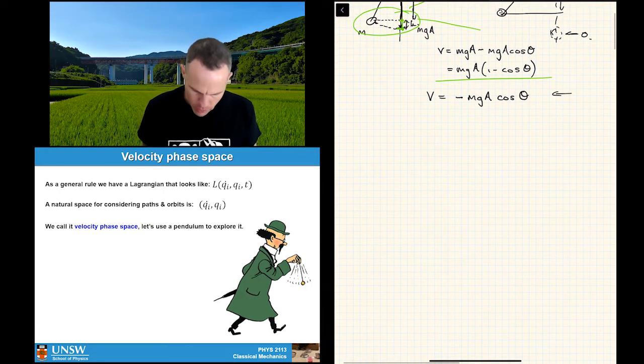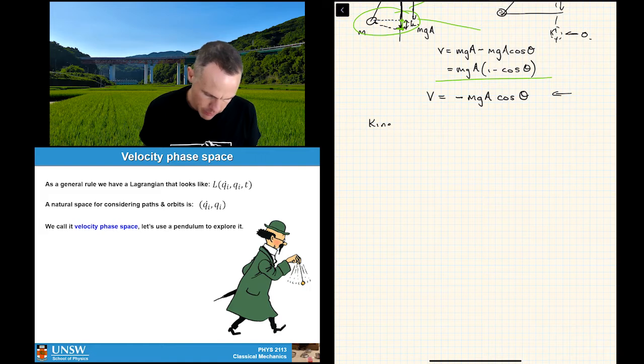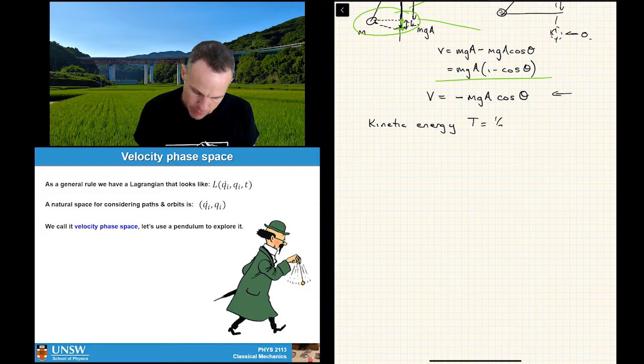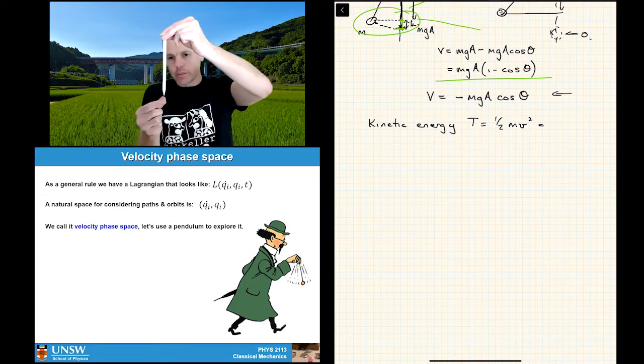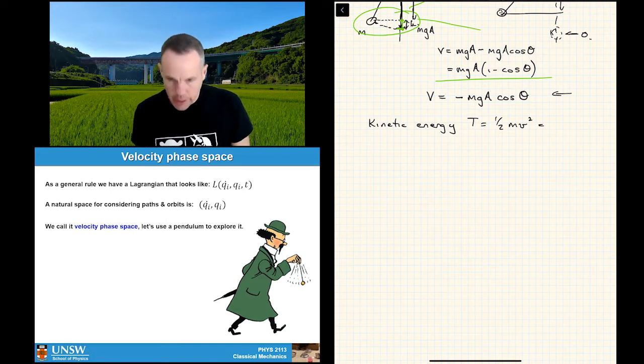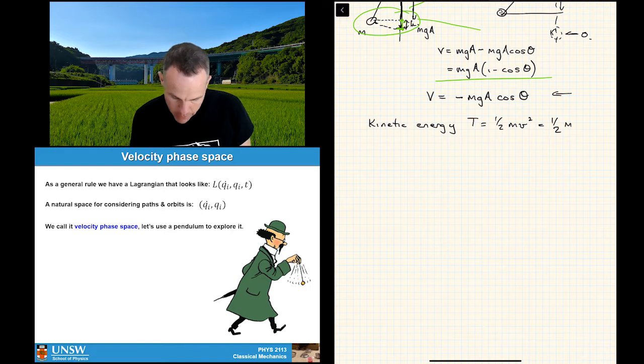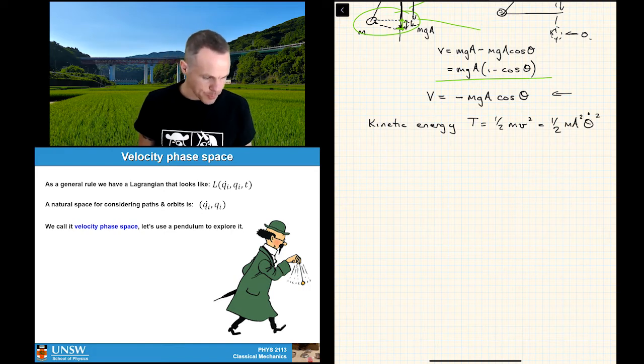And then the other thing that we're going to need to consider is the kinetic energy, right? And it is T equals a half mv squared, as you know, always. And of course, our pendulum here is executing essentially rotational motion, right? So it's going to be radius times omega dot, which in this case would be theta dot. So this would be a half m a squared theta dot squared, okay?